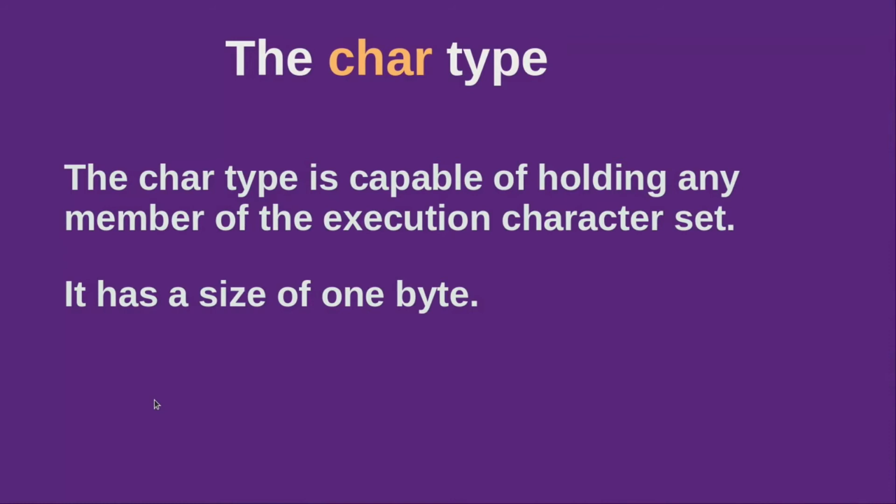Another type, that's the second one, is the char type. The char type is capable of holding any member of the execution character set. It stores the same kind of data as an int, that is integer, but typically has a size of 1 byte. The size of a byte is specified by the macro CHAR_BIT, which specifies the number of bits in a char, that's a byte.